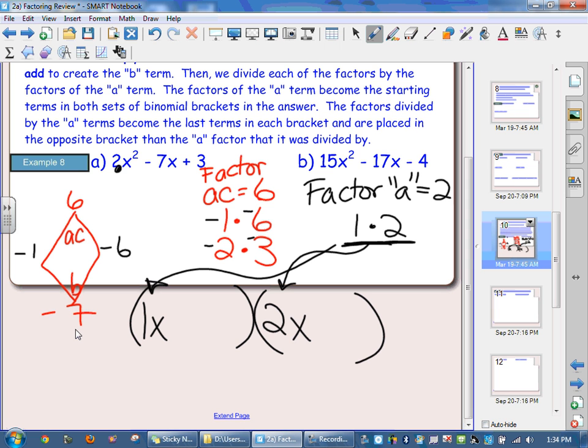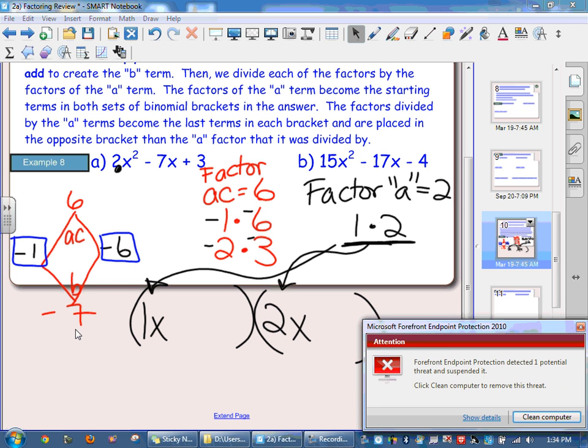Now what we do is we have to divide these wing numbers by these factors of a that I have in my brackets. Now how do you know which one divides which one? You select it by seeing which one divides but doesn't give you a decimal answer. They can never give you decimal answers. So if I take the 6 and divide by 2, it gives me an answer that's not a fraction or a decimal.